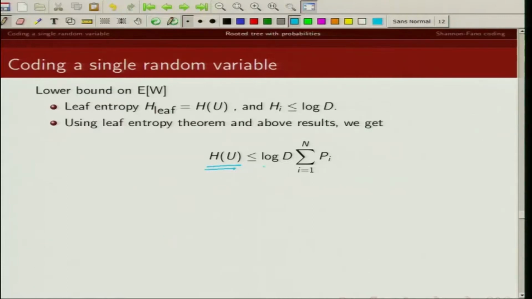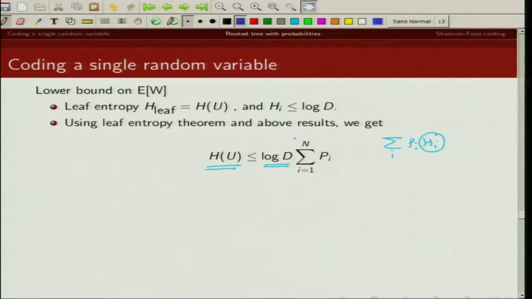And the branching entropy we upper bound by log of D. So because we are upper bounding this by log D, we can take it out. What is left is the summation of Pi over all the nodes including the root node.